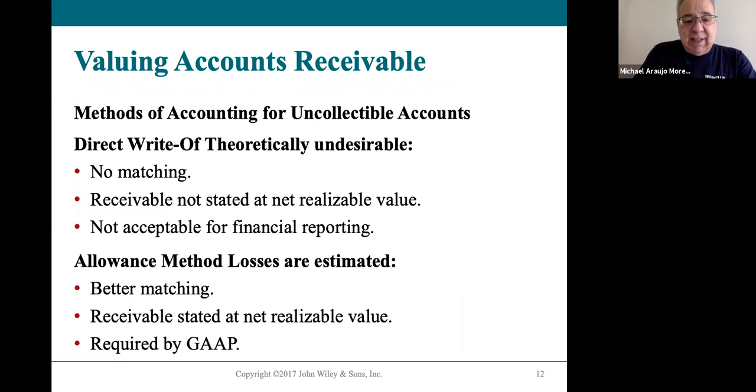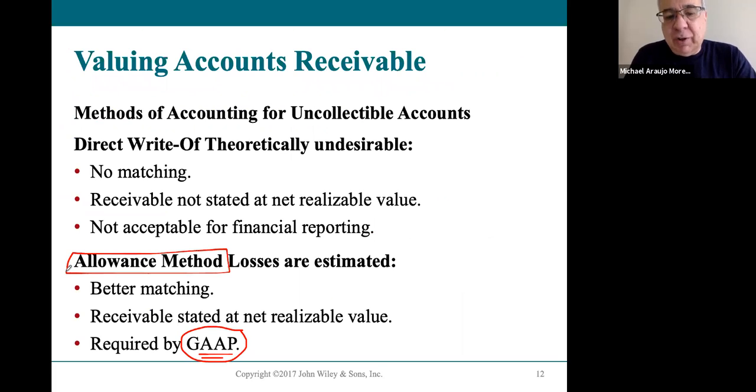The reason is that GAAP, and I'm going to start from the bottom up here. The reason is that GAAP says what we really need to do is we have to use something called an allowance method. That allows us to estimate our bad debt expense on a year-to-year basis before we close our books.